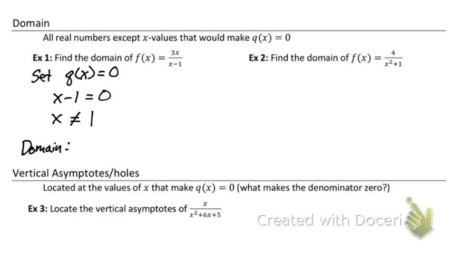Our domain, and probably the easiest way on these is to use bold R, boldface R, which stands for all real numbers, except 1. It's called boldface R. It's not just capital, because notice this extra line here.